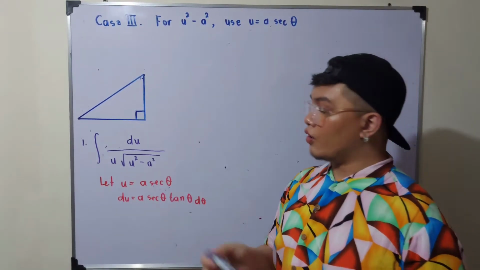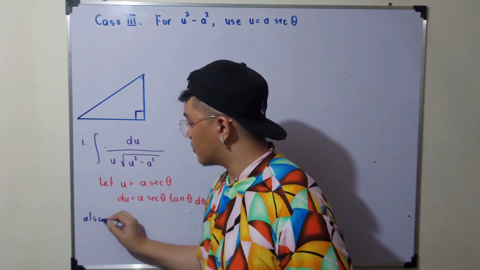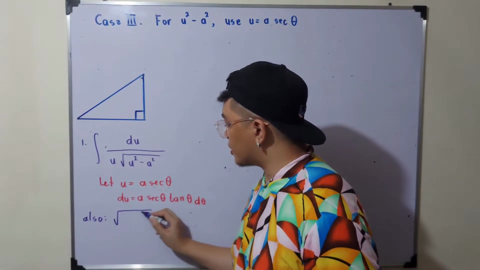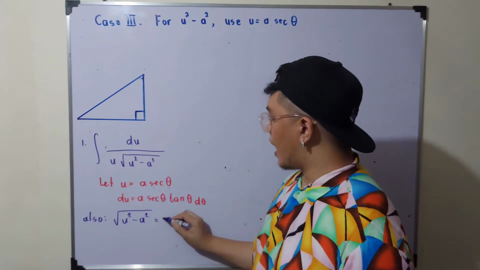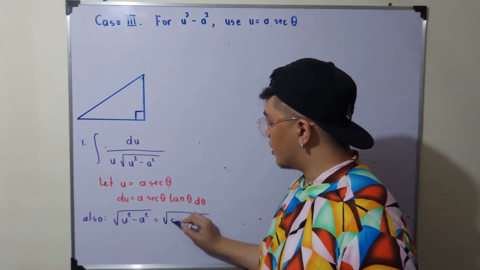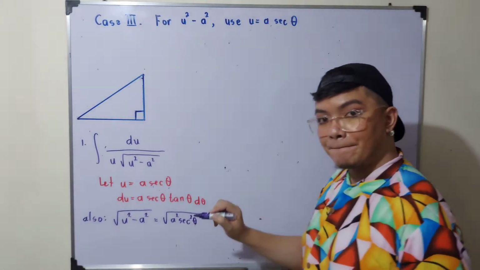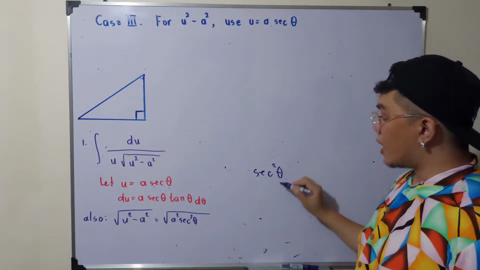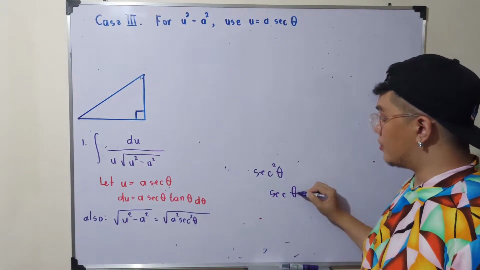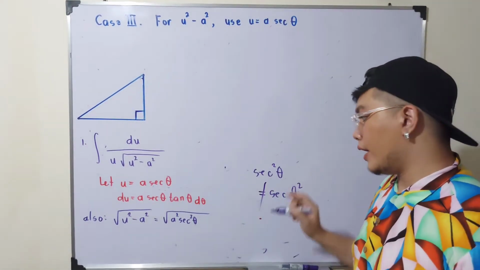Tapos, also, itong naka-square root. So, we have here the square root of u squared minus a squared. We have here a squared secant squared theta. Yung secant theta yung naka-square ha. Baka naman mamaya ganito yung gawin nyo. So, these are not equal. Okay?